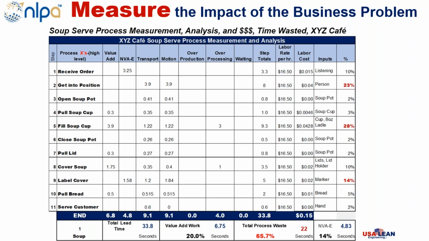This process actually has 65% waste, 20% value add, which was high, and 14% non-value added essential components. So this actually did penetrate the average 10%, but still 65% waste. And the dollar amounts were quantified.